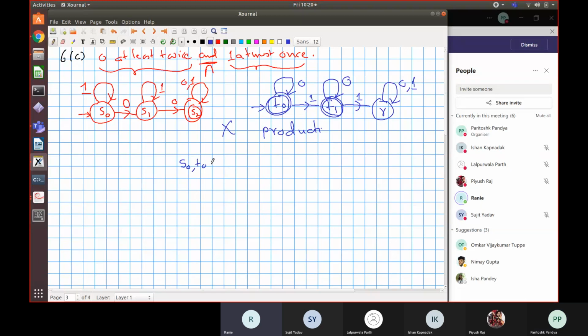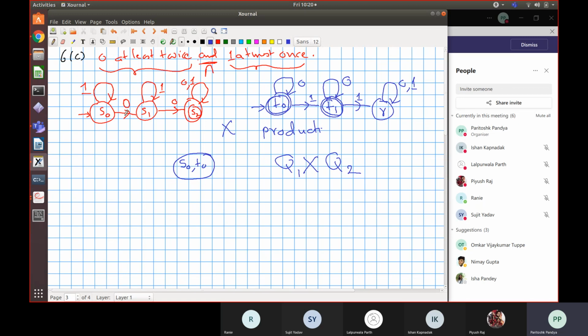See, the set of states of the product automaton is the set of states Q1 of the first automaton cross product with the set of states of the second one. That is ordered pairs of states where the first component comes from the first automaton and the second component of the pair comes from the second automaton.